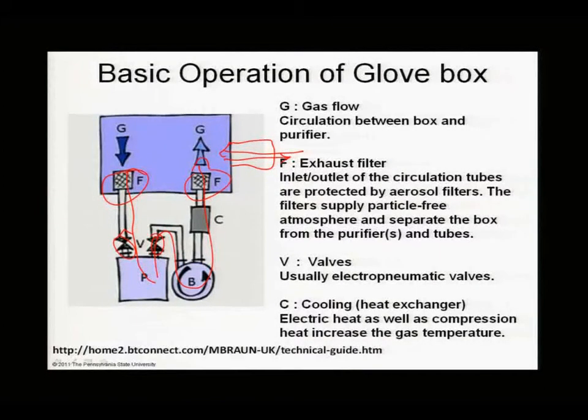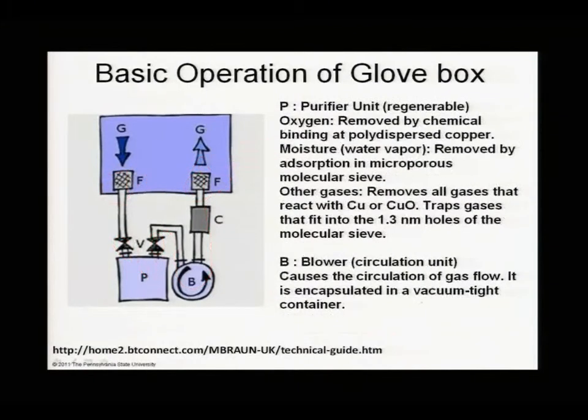And then you have cooling, because running all this equipment generates heat, so you have to make sure that you get rid of any of the heat generated in the actual processing, and that's another aspect of the piece of equipment. Now the purifier unit works by chemically binding things that you don't want in the air, such as oxygen and water vapor.